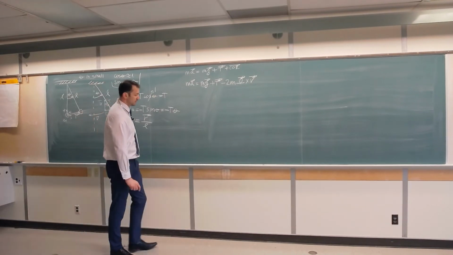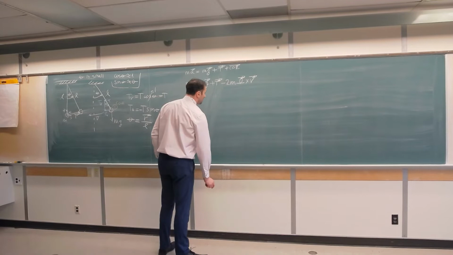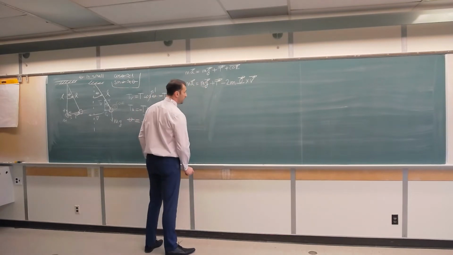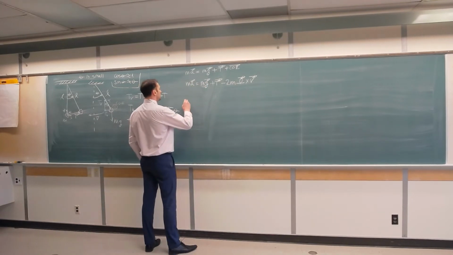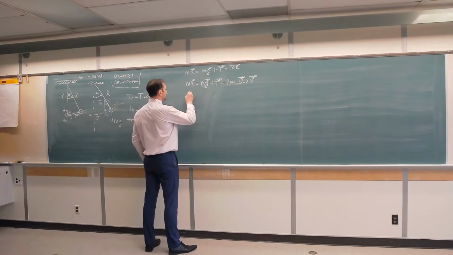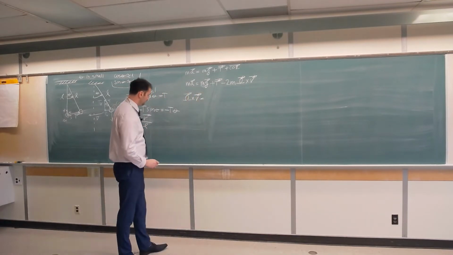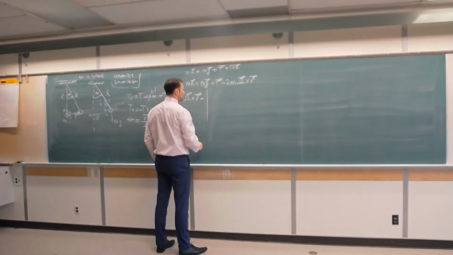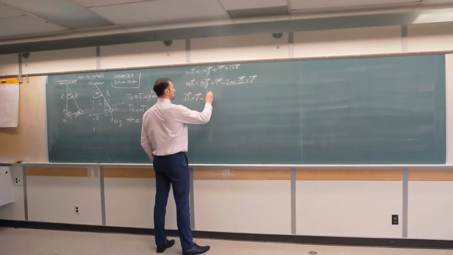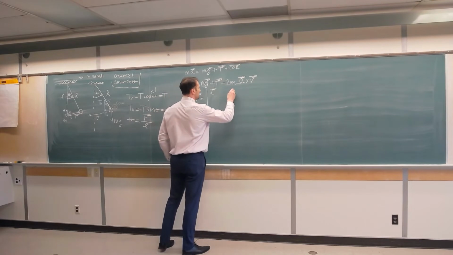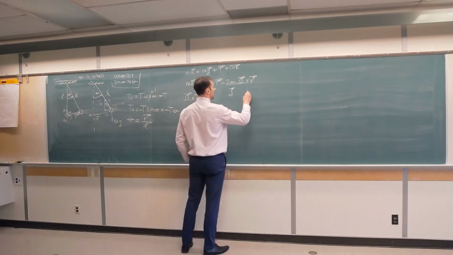And let's do it. Well, omega cross v is equal, I will use determinant to find this. So this will be unit vectors i, j, k.